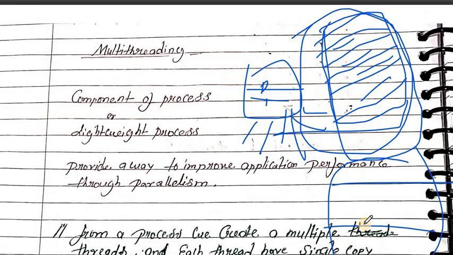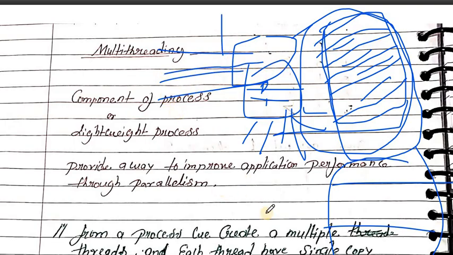But if 2 processes, P1 and P2, have some common data which both P1 and P2 access, then in multithreading we create only one data section, one code section, and one file section.